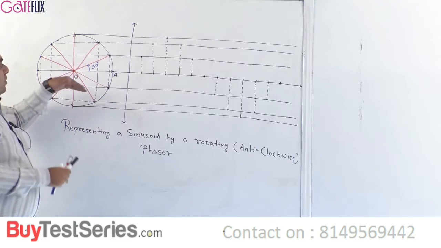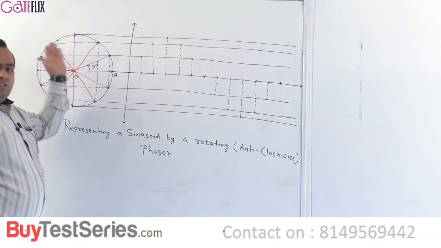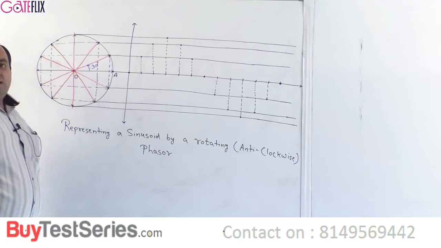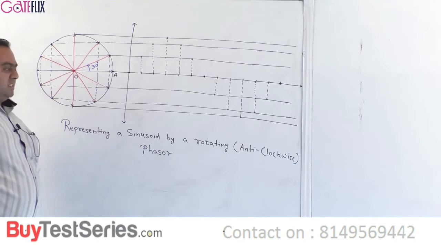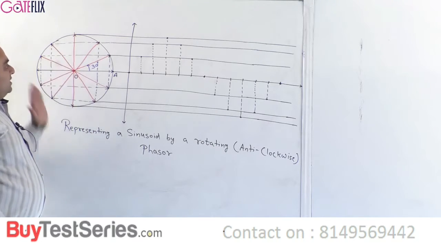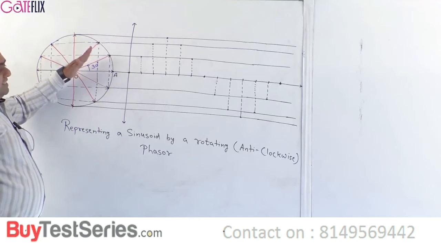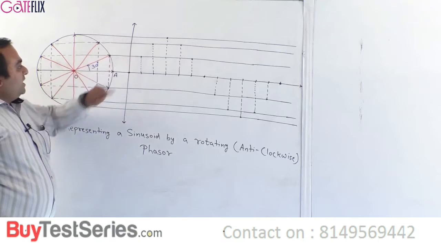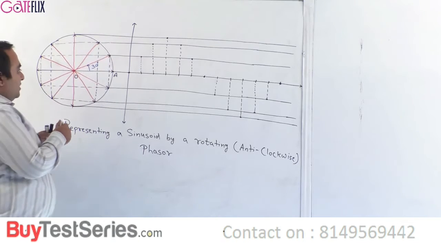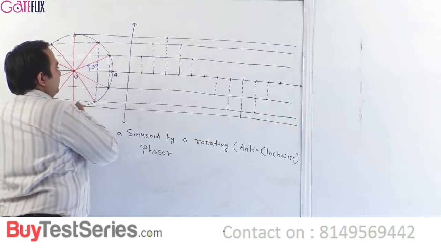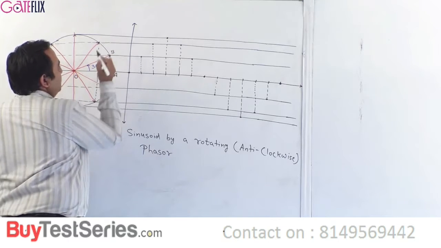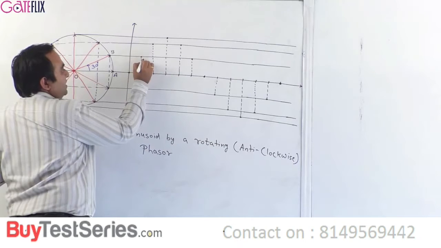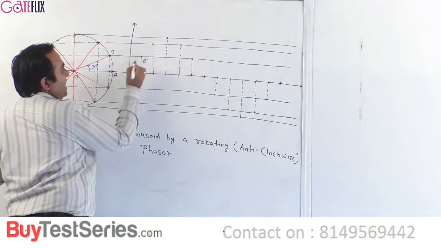So these are 12 different parts of the circle, each part is 30 degrees, so it becomes 360 degrees. The moment it rotates anticlockwise by 30 degrees, its vertical projection will reach this point. Say this point is B. So its projection reaches here. Let me call it B dash.